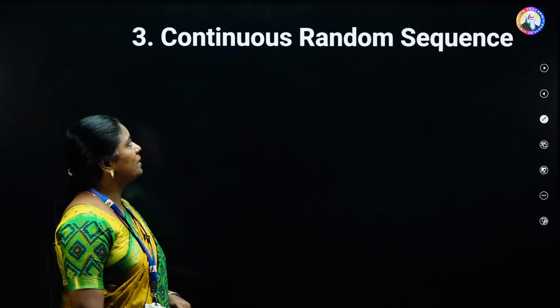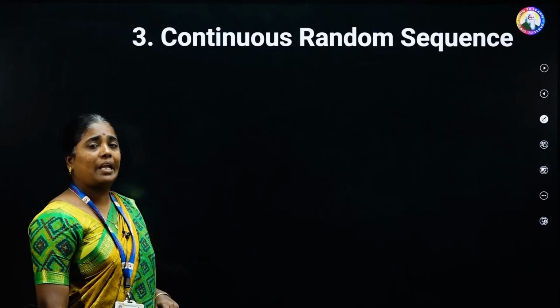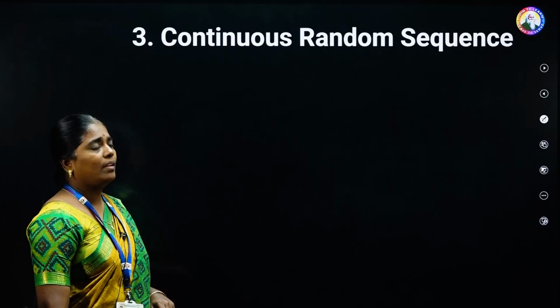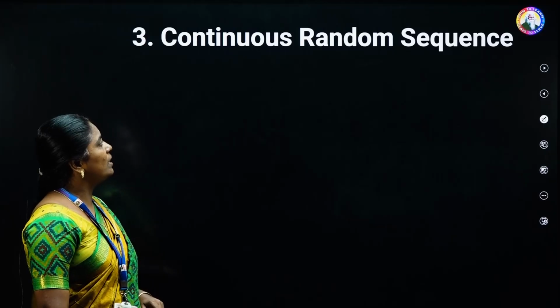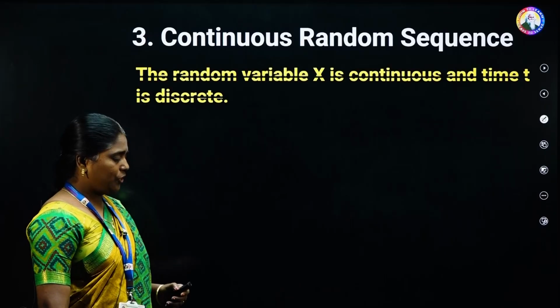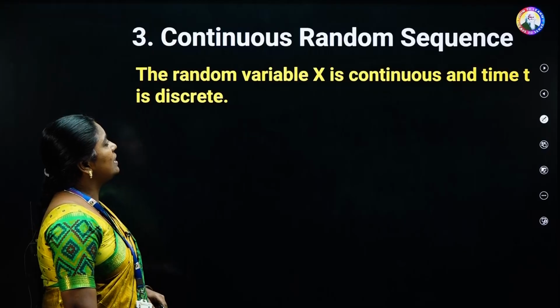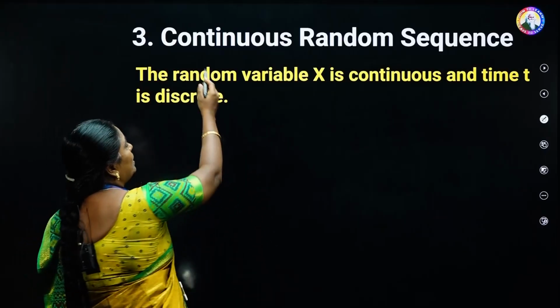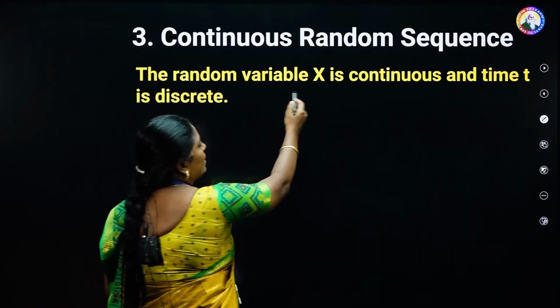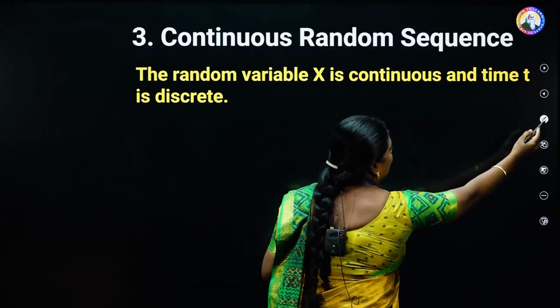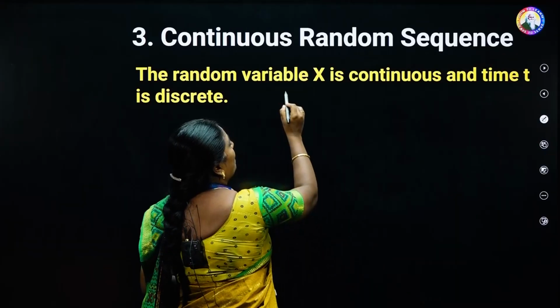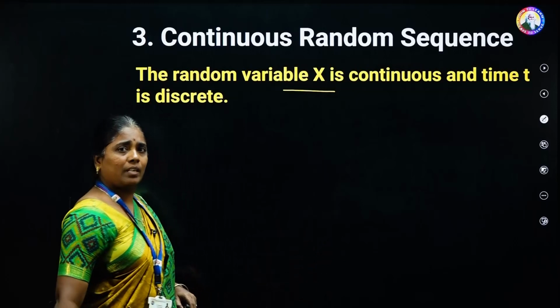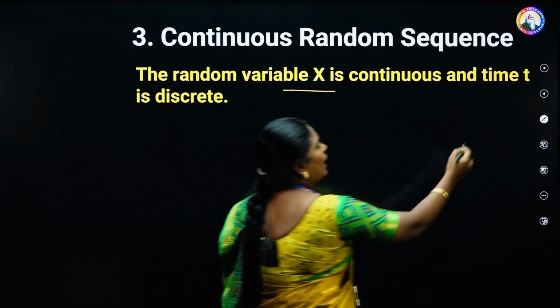And the third one is the continuous random sequence. In the case of a continuous random sequence, the nature of the random variable x is continuous, because this word continuous is there, here it is also continuous. Now x is continuous. Then what about the time t?